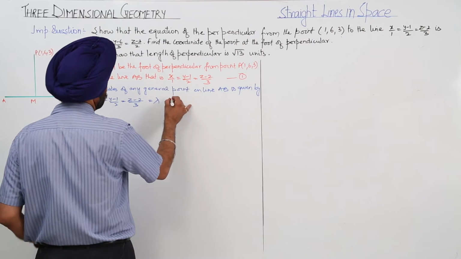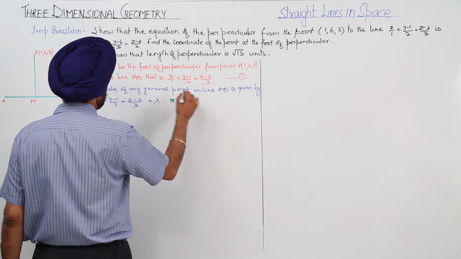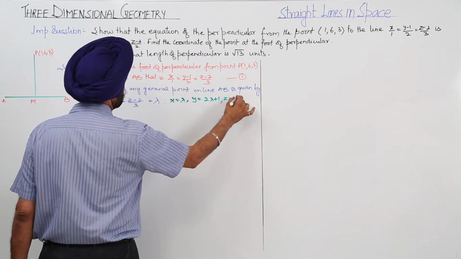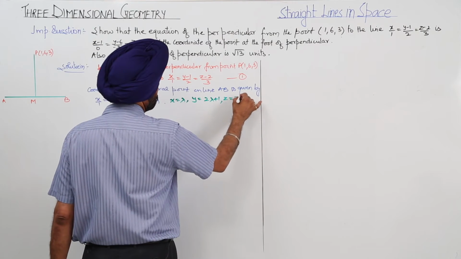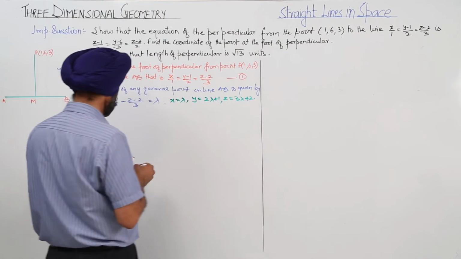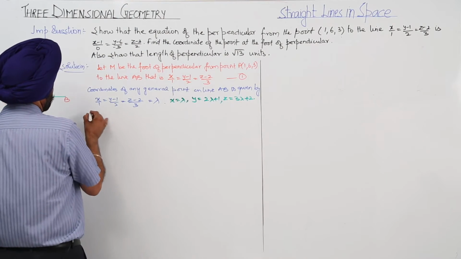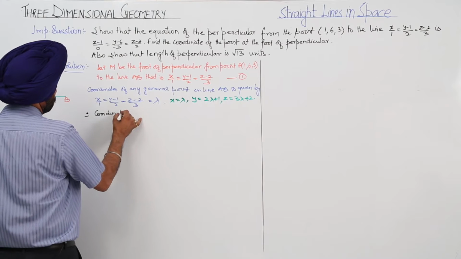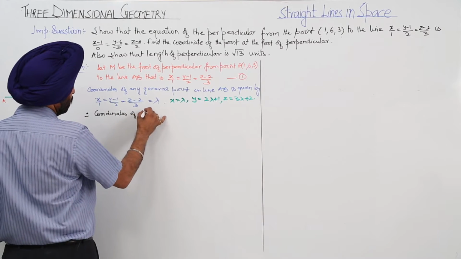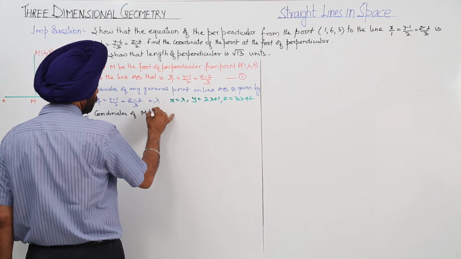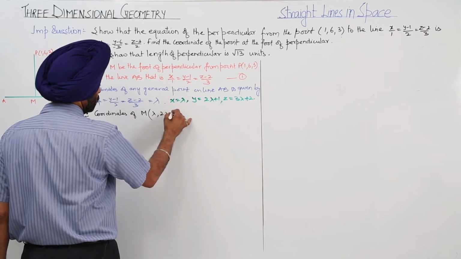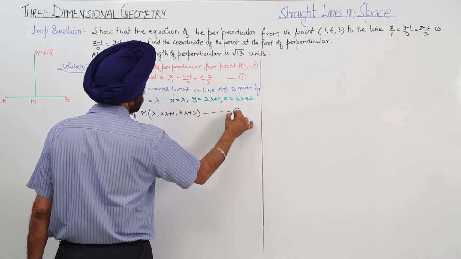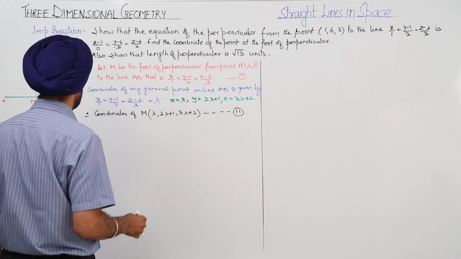Now x is equal to lambda, y is equal to 2 lambda plus 1 and z is equal to 3 lambda plus 2. Therefore, coordinates of M are lambda, 2 lambda plus 1 and 3 lambda plus 2. Equation number 2.